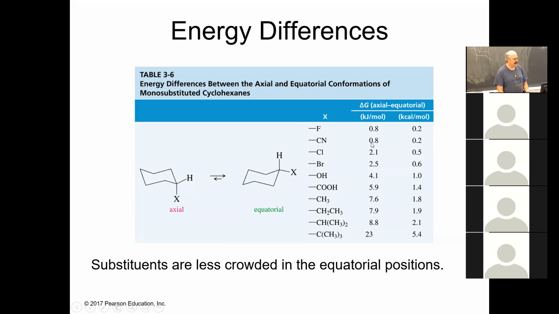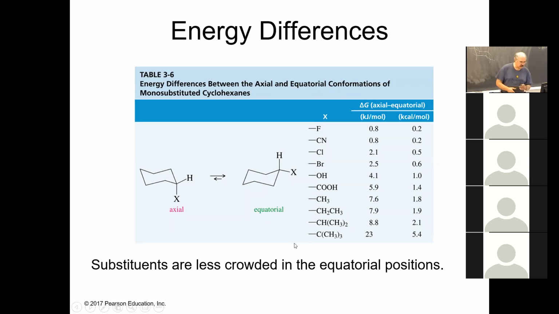Okay, I'm not sure why that is, but it is. But any other substituent, especially chlorine and bromine, which are larger, they're going to prefer the equatorial. Okay, and as the substituents get larger, there's a greater and greater preference for the equatorial.